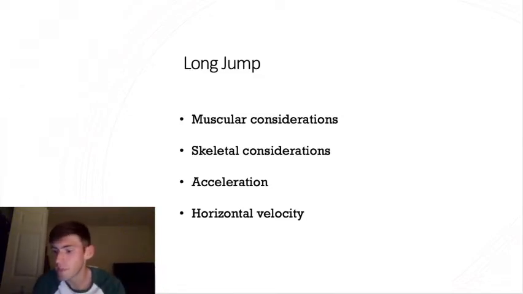You use your glutes for extension and hyperextension, your quads for knee extension, and your gastrocnemius for plantar flexion. Some skeletal considerations. The femur and pelvic girdle form the ball and socket joint. The femur and tibia form a hinge joint, and the tibia and calcaneus form a hinge joint as well. All of this aids in your ability to long jump.